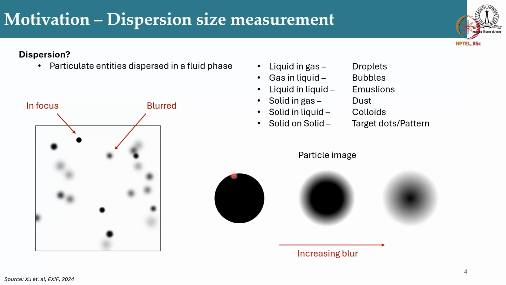Because there is a sharp interface here, things are easy, but there is no sharp interface here. It's a gradual variation. So where should you take that size? That's a challenge. And as you increase the blur, it becomes even more challenging.